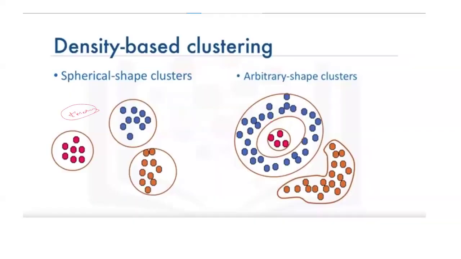And this is how your DB-scan would work. Look at this. These are the concentric circles which it has identified. So this outer sphere is one cluster, and inside this circle, these four red dots are another cluster. So it has identified one, two, and three clusters like this.